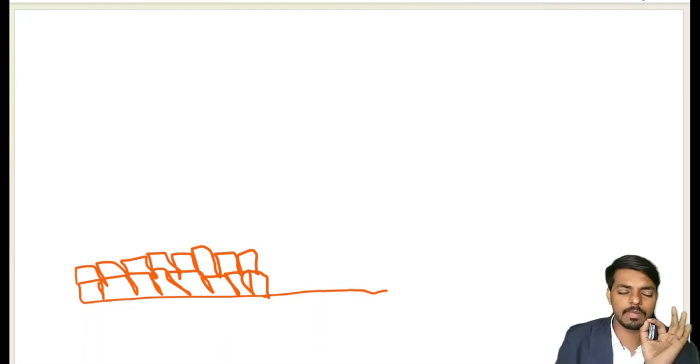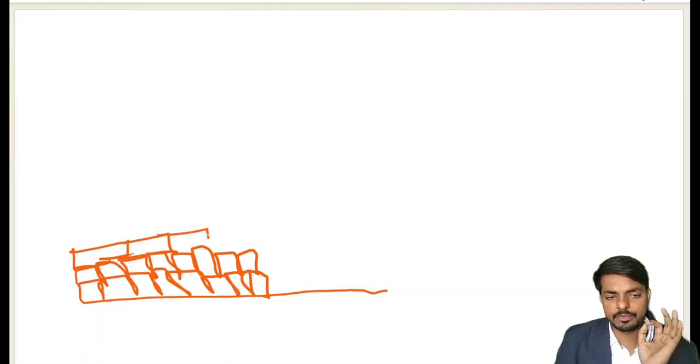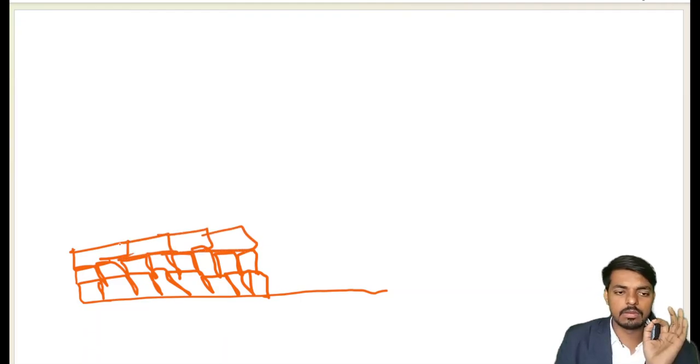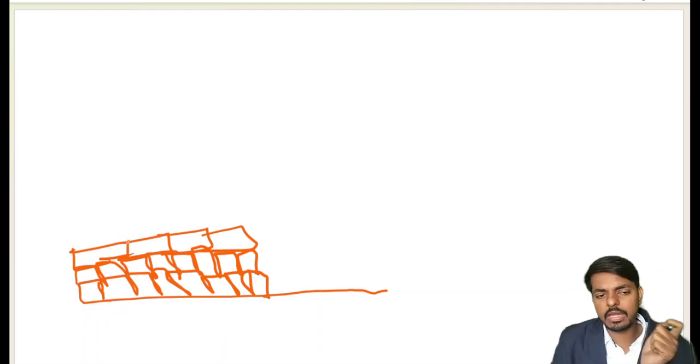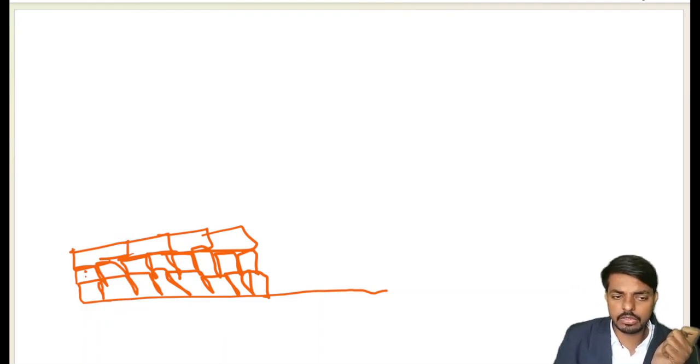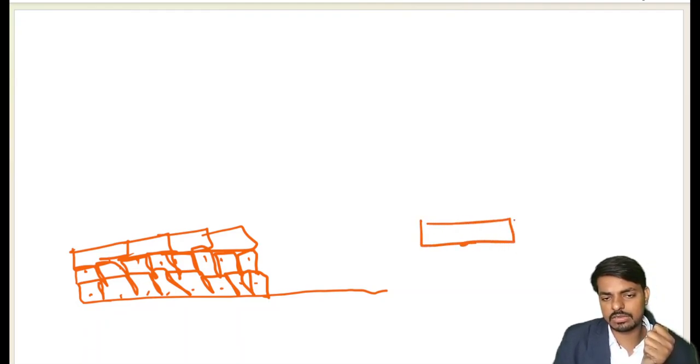Over the stratified cuboidal cells, with two layers of cuboidal cells, we have another very important type of cell that looks like this structure. Which one is this?